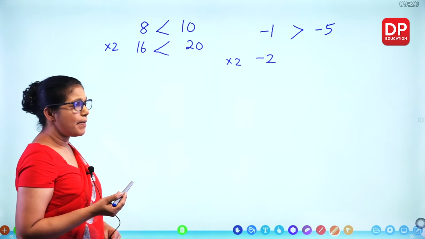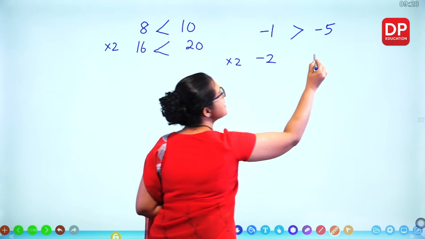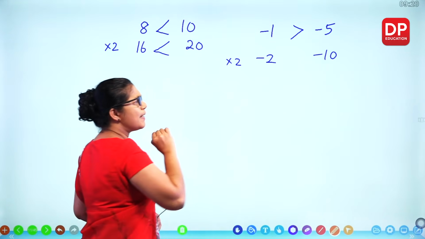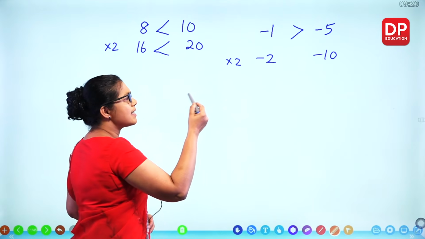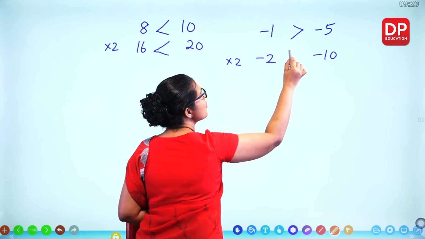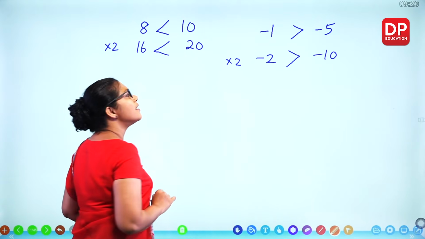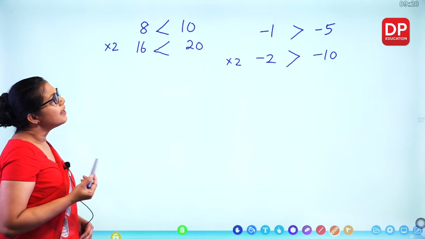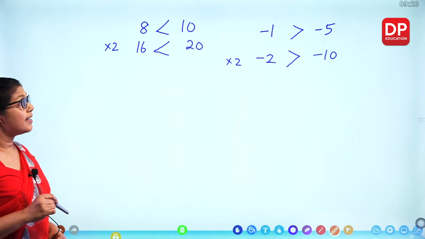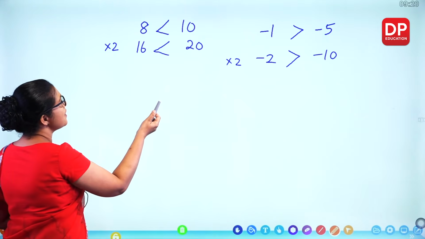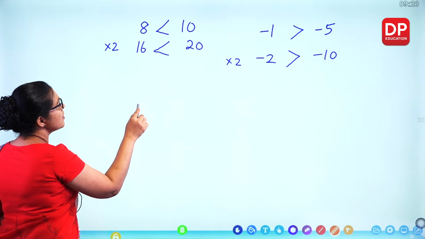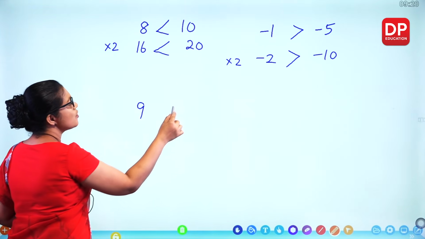Minus 5 multiplied by 2, you get minus 10. Now which one is bigger? We know that minus 2 is greater than minus 10. So we can use this symbol. Now we'll take division. So we'll take another number. We'll take 9 and 12.